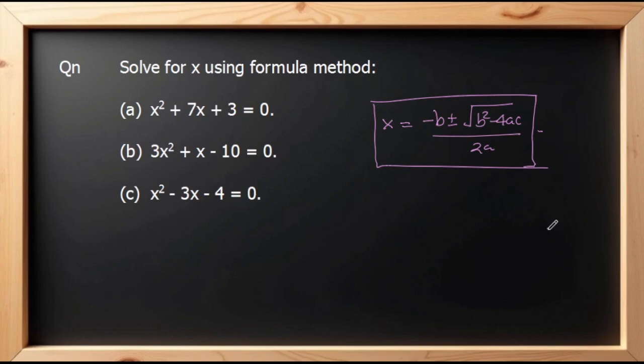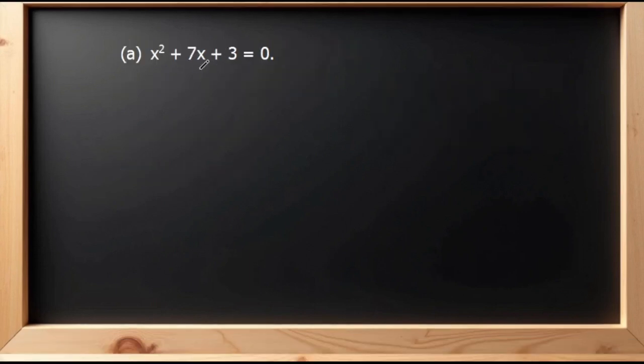So here we need to list down the values: a equals 1 is the coefficient here, and then the value of b is 7, and c is 3.